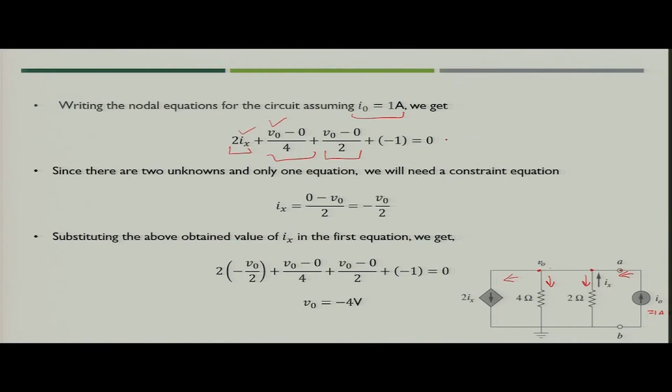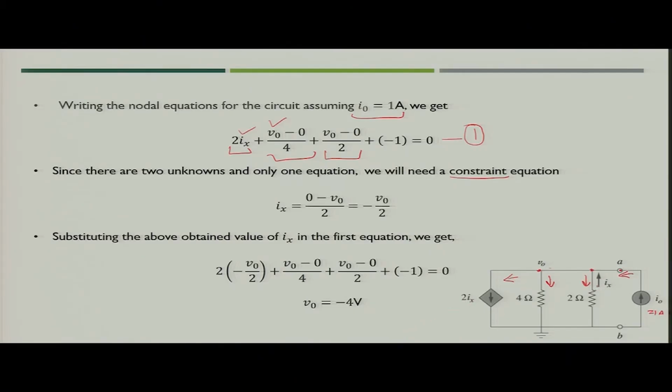Now, the problem is that since we have only one equation and two variables, we need at least one more equation to solve this circuit. So, from where will we get the second equation? The second equation we will get from the constraint equation. The constraint in this case is the current I x, which defines the value of the dependent current source, that is 2 I x.